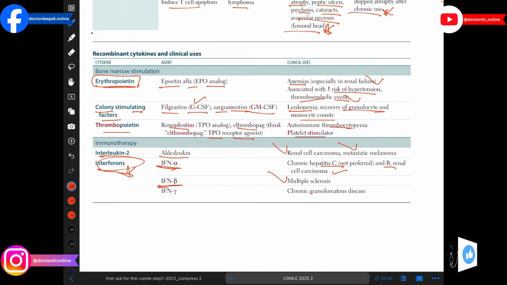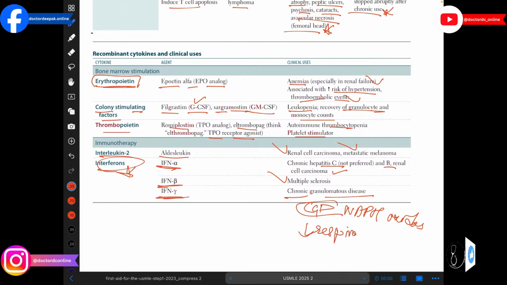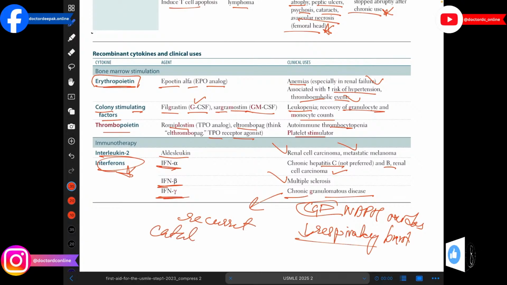Interferon beta is given to multiple sclerosis patients and gamma is given to chronic granulomatous disease, CGD, in which there is decreased NADPH oxidase and decreased respiratory burst, and catalase positive bacteria can cause recurrent infection.